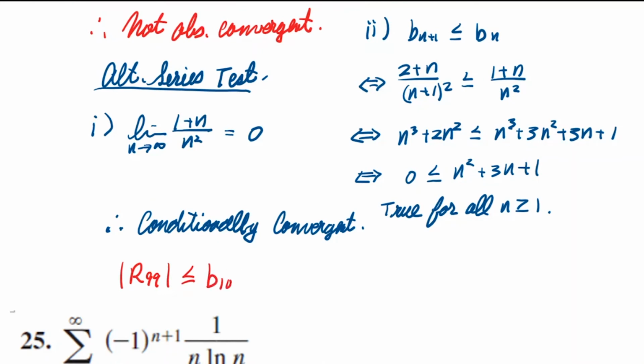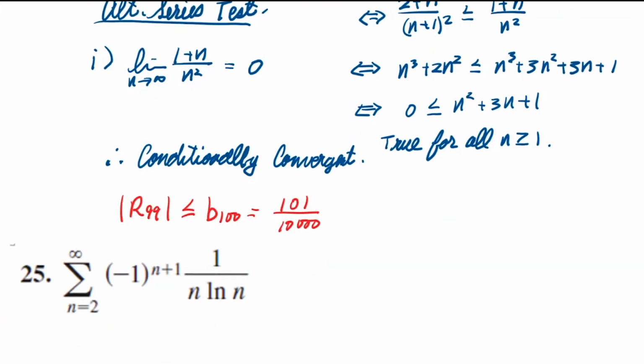It is the very next term without the alternating sign, right? And that is, if you substitute 100, you get 101 over 100 squared. How about that? Good. Say yes. Yep. Okay, 25.